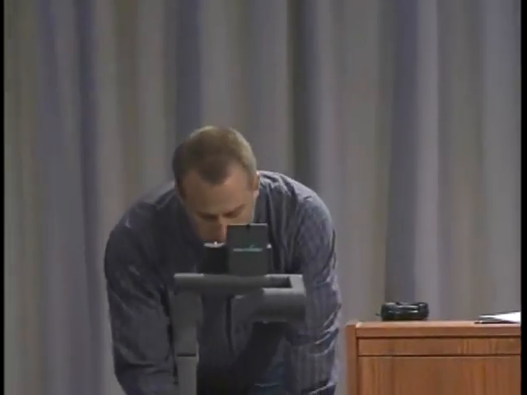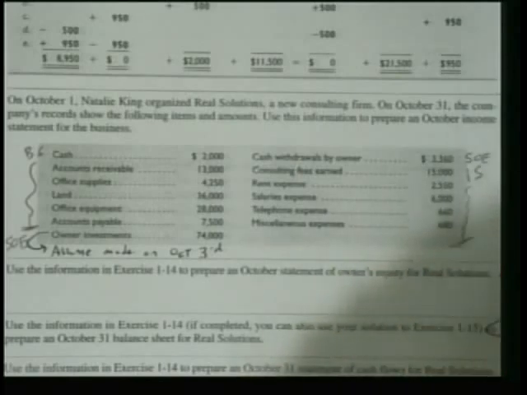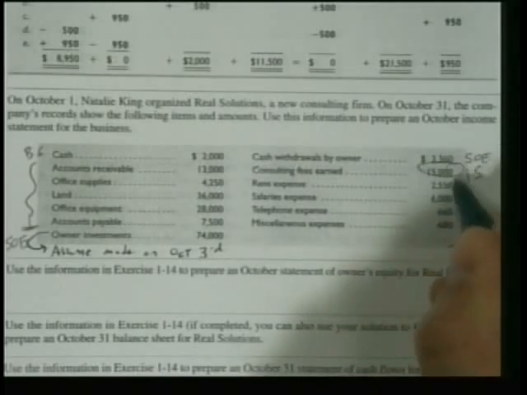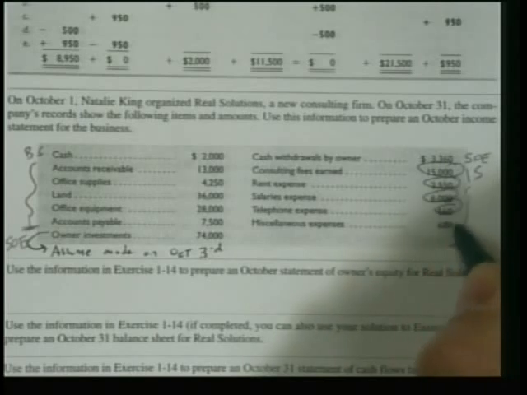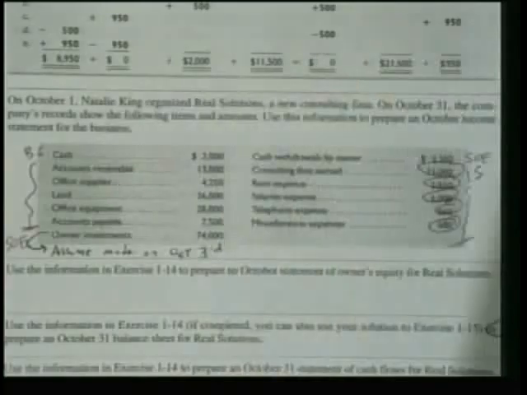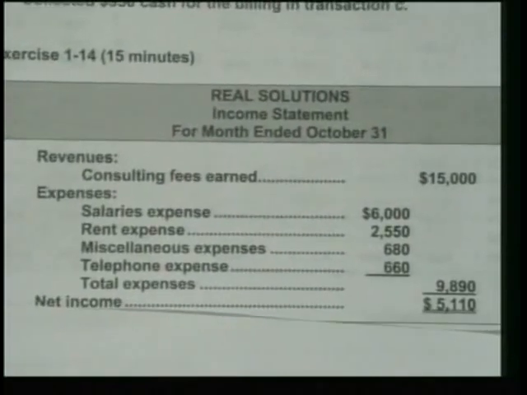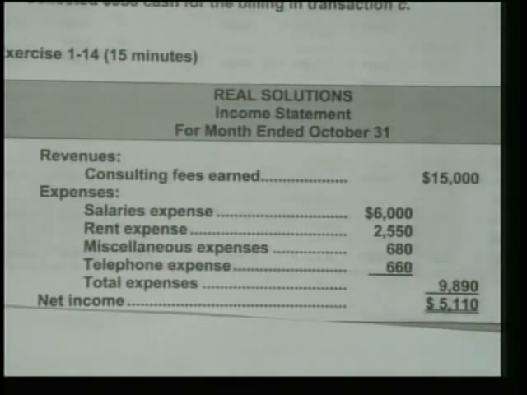Okay, so which ones go on the income statement? That one, that one, that one, that one, and that one, correct? And the income statement looks like this. Okay? That's what the income statement looks like. I'm going to make some comments about it, but first why don't you just take a look at it, see if your numbers are right.